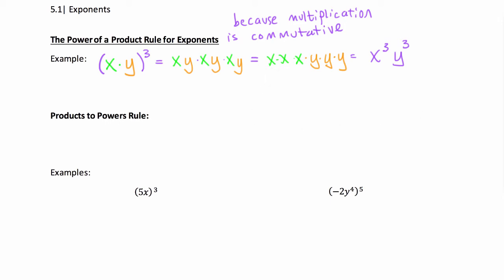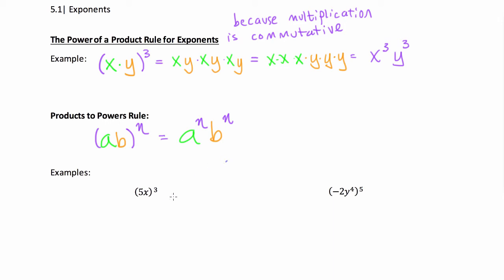So this rule in general says this: if I have A times B, so two things being multiplied inside of parentheses, and they're being raised to the nth power, that then is equal to the first thing to the power of n times the second thing to the power of n.